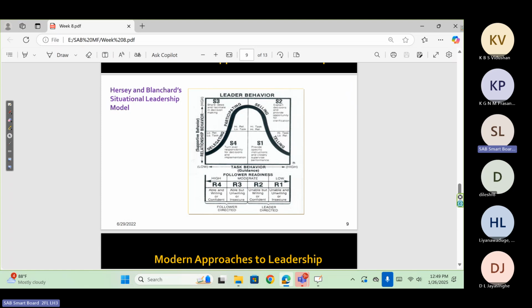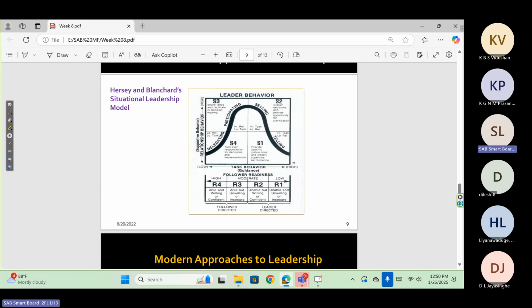Right. On the two sides of the main box, what we can see are the two dimensions found in the Ohio and Michigan leadership studies. Even Blake and Mouton use the two dimensions. Here, Hersey and Blanchard have also used the same dimensions. That's how in our management area, evolution always happens.